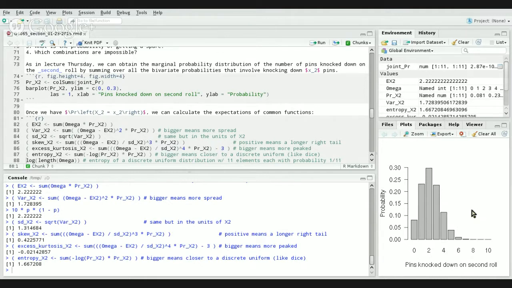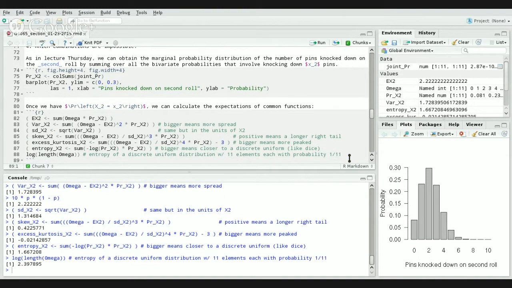You can see from the picture that the probabilities of each of these events are somewhat different. So this is clearly not a uniform distribution, but we can quantify how close it is to a discrete uniform distribution for a sample space that has 11 elements by calculating the logarithm of 11, which is the entropy that would be achieved for a discrete uniform distribution with 11 elements in its sample space.